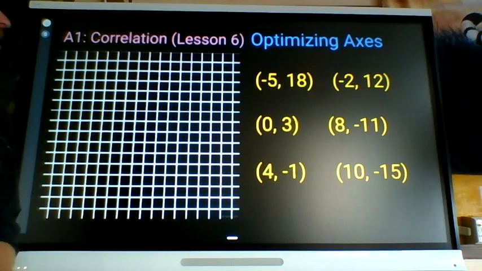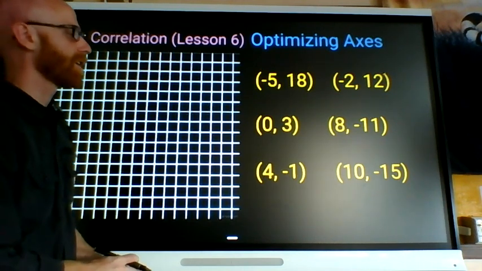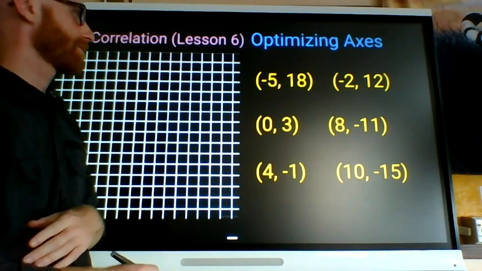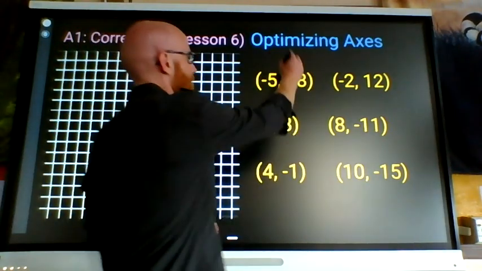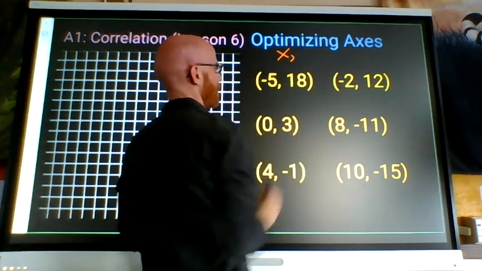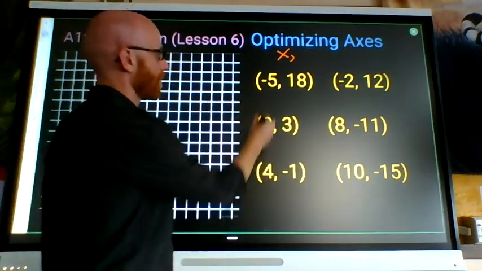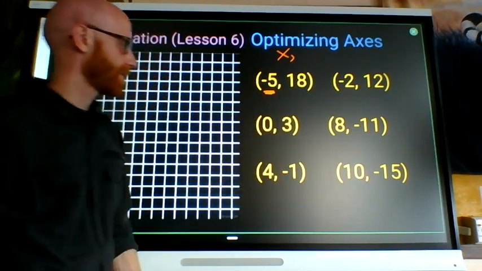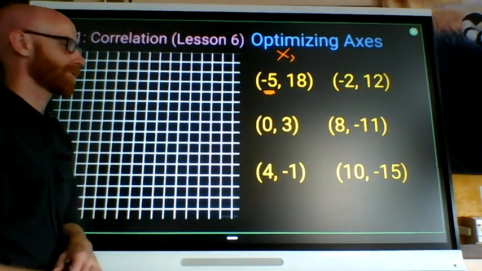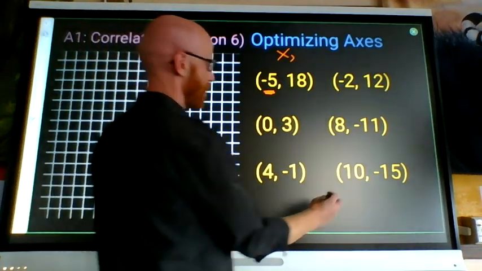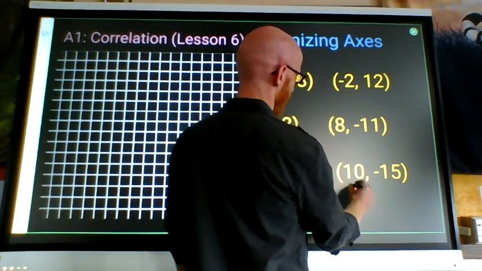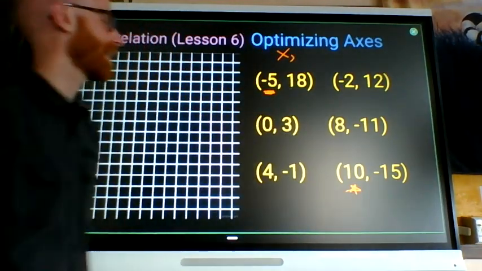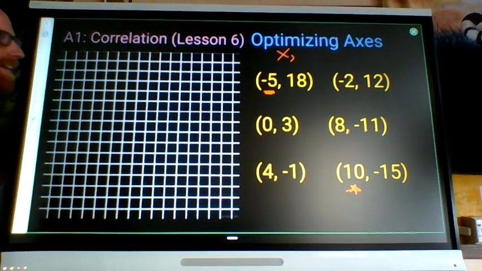Then I want to find, for my x values, what is the lowest x value up here? Just looking at the first number, the lowest one I have is -5. And what is the highest? The maximum is 10 for x. So I need my x values to go from -5 up to 10.